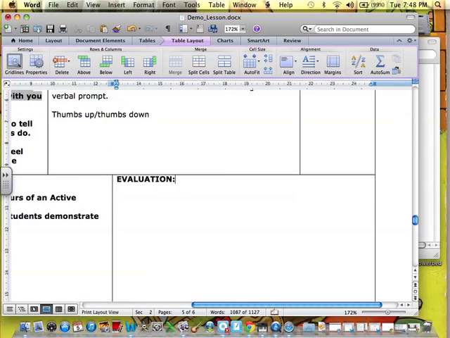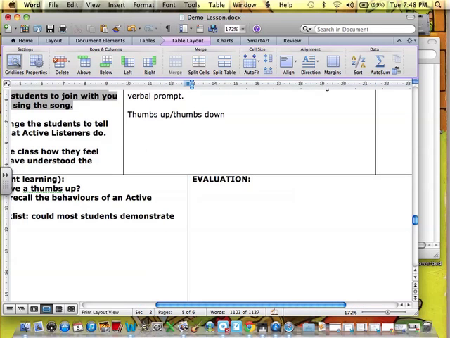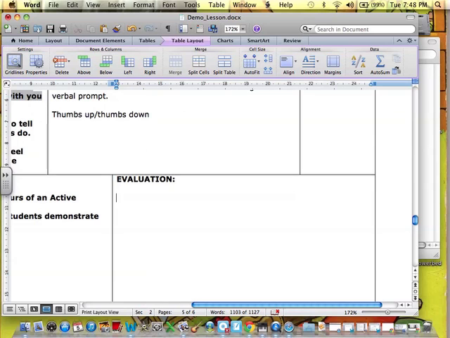Now, over here in the evaluation, this is where you're evaluating yourself as a teacher, okay, and how well that lesson went. So it ties in with your assessment, but it's not about the students' learning, it's about how well you delivered that lesson. So my big focus was the song. So my evaluation: was the song effective in helping students recall active listening behaviours?